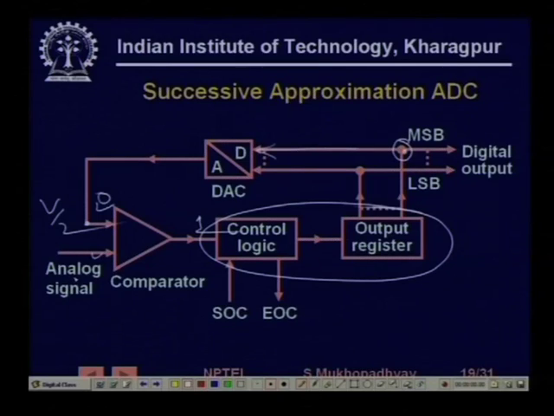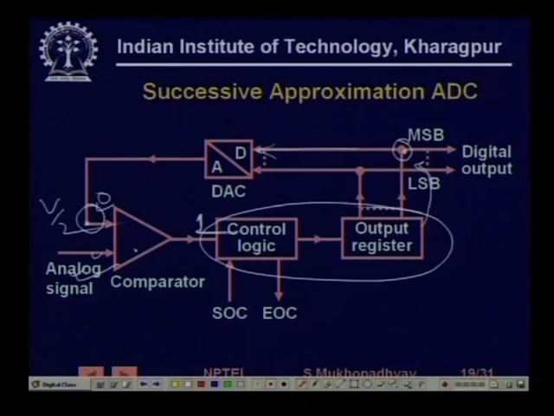Now, the question is whether this analog signal is greater than V by 2 or less than V by 2. If it is greater than V by 2, then it is still 1, then the next bit will be put. So, in this way, first the MSB is put, then the next bit is put, till this signal crosses this signal, and then at that level it is stopped.